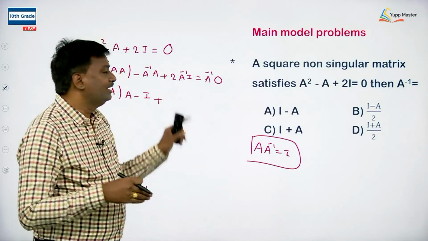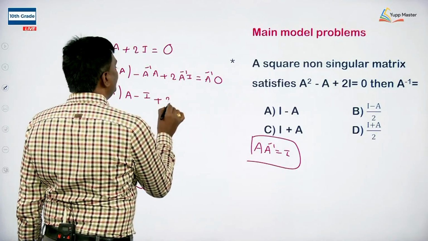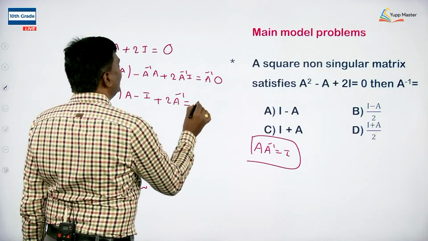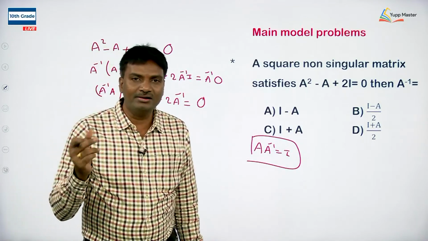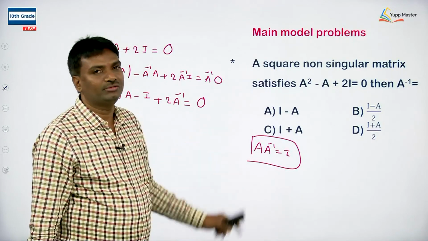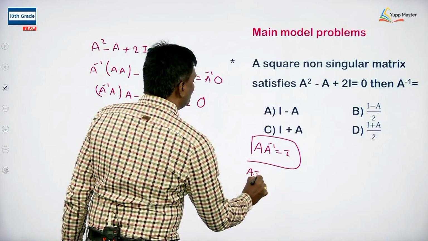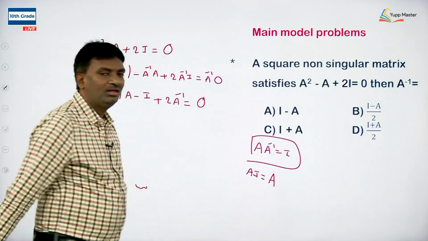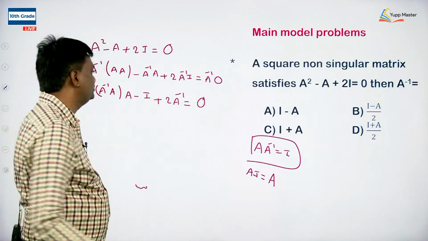So A inverse into I is A inverse only. And A inverse into O is the null matrix, because if you multiply any matrix by the null matrix, again you will get the null matrix only.